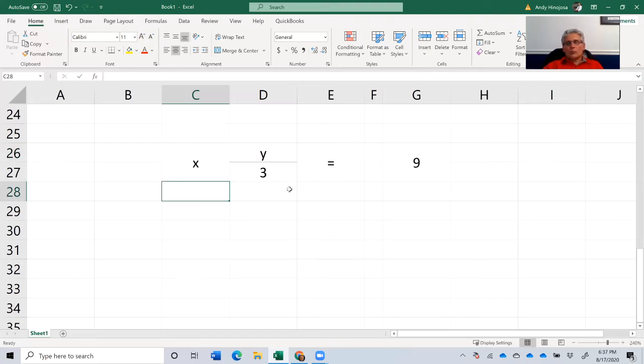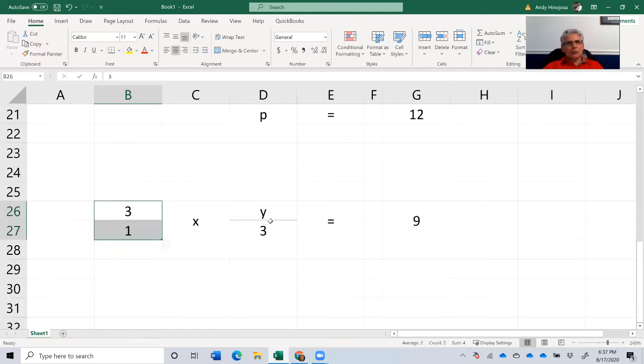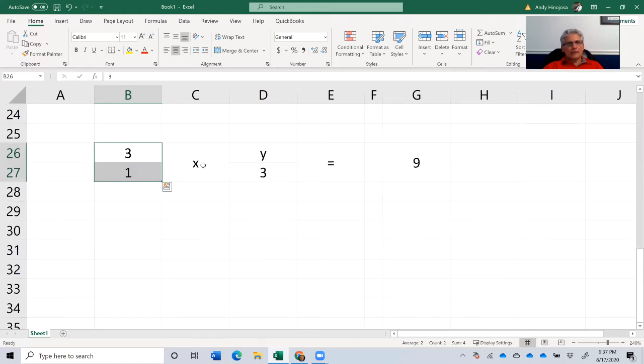What we're going to do is multiply y over 3 by 3. You could think of it as 3 over 1, right? So we're going to take the y over 3 and multiply it by 3 over 1.